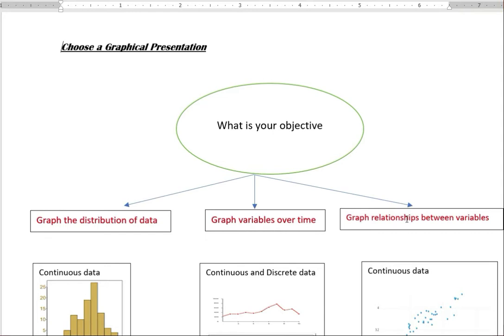So we'll see how to present data by different graphs and what things we need to do before choosing the correct graph. There are two things we need to check.